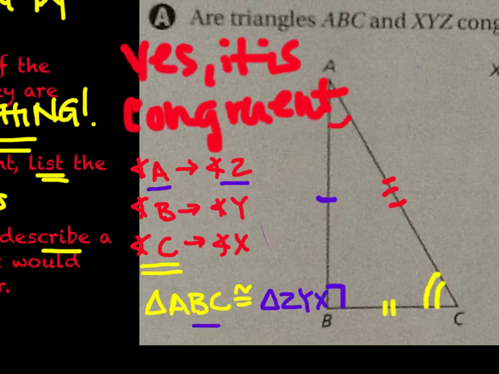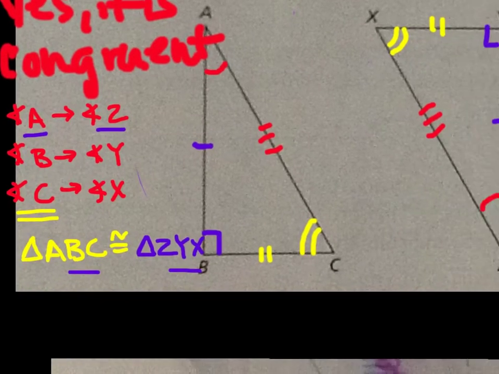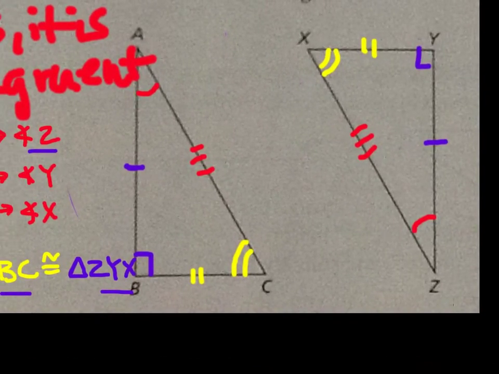So triangle ABC corresponds to triangle ZYX. Now all we need to do is describe the transformation that we need to make this first triangle correspond to the second triangle and prove that they are congruent.